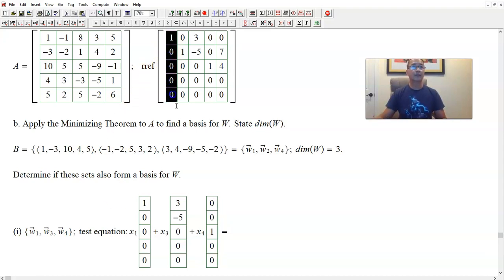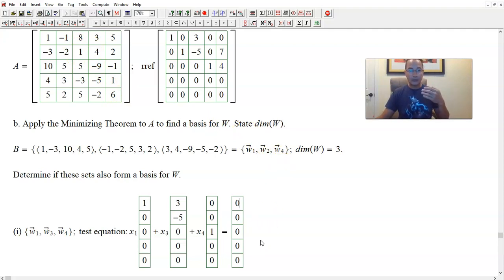So let's just borrow this one here and turn that equal to 0. That linear combination will be 0 if and only if the linear combination involving column 1, column 3, and column 4 add up to 0.